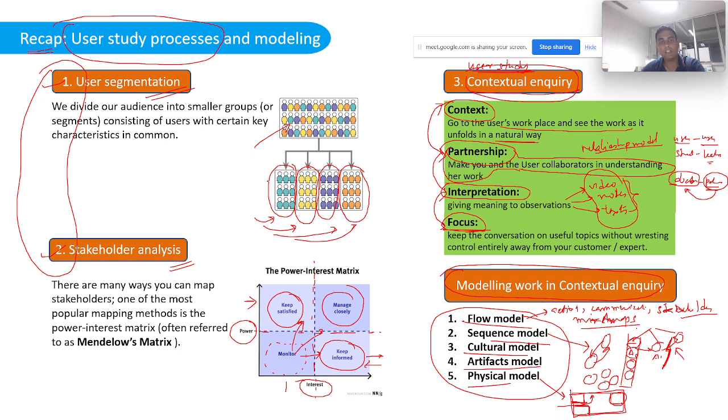Now user segmentation for think-aloud protocol can be based on novice user or expert user. Similarly, for a focus group, it is again based probably on a particular work profile or a user group that is expert in a particular practice. Okay, so these two tasks are common for all sorts of user study.